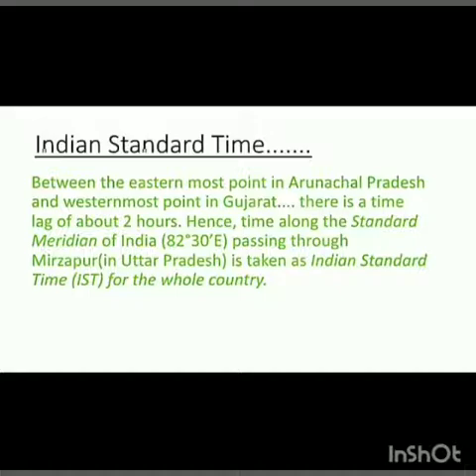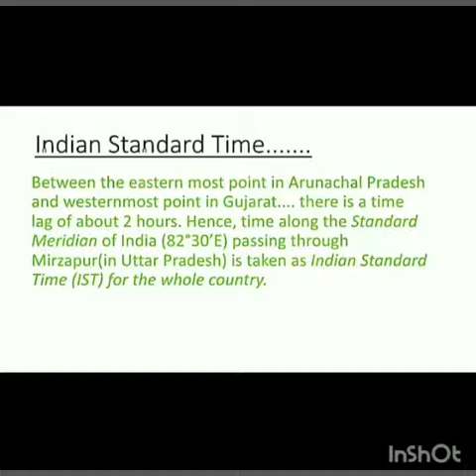Thus, to cover 1 degree longitude, it takes 4 minutes. Did you understand? The earth rotates a complete circle, that is 360 degrees, in 24 hours, and therefore for 1 degree rotation it takes about 4 minutes.